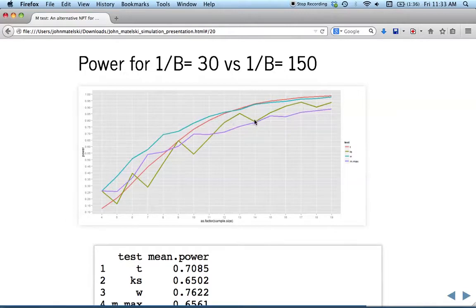And my test hit 80% power at a sample size between 14 and 15. So basically everyone's achieving 80% power by a sample size of 15, and I'm pretty proud that I'm able to get in there with these guys and not make a fool of myself.